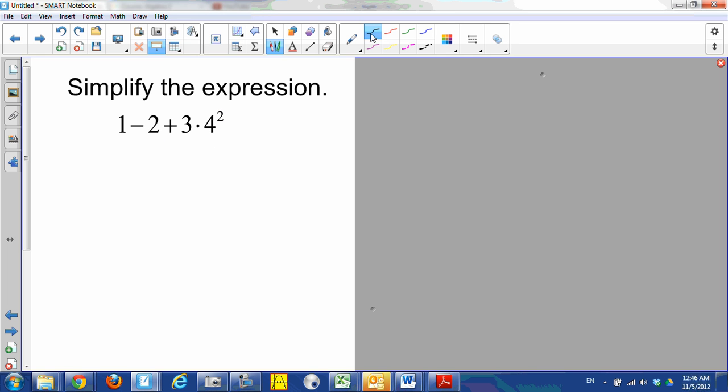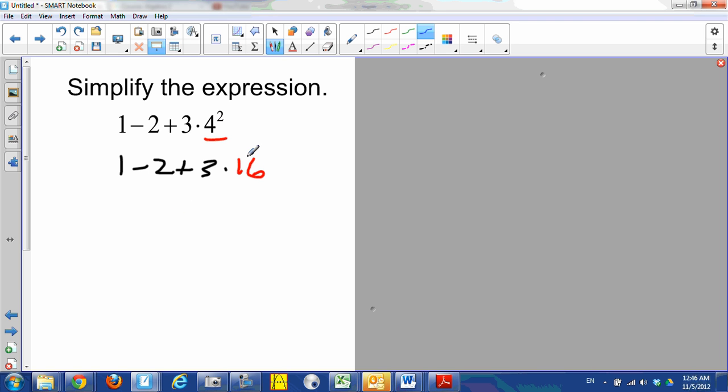So the first thing we're going to take care of here is 4 squared. So we have 1 minus 2 plus 3 times 4 squared. Hopefully you don't think that's 8. 4 squared does not mean 4 times 2. It means 4 times itself, which is 16.